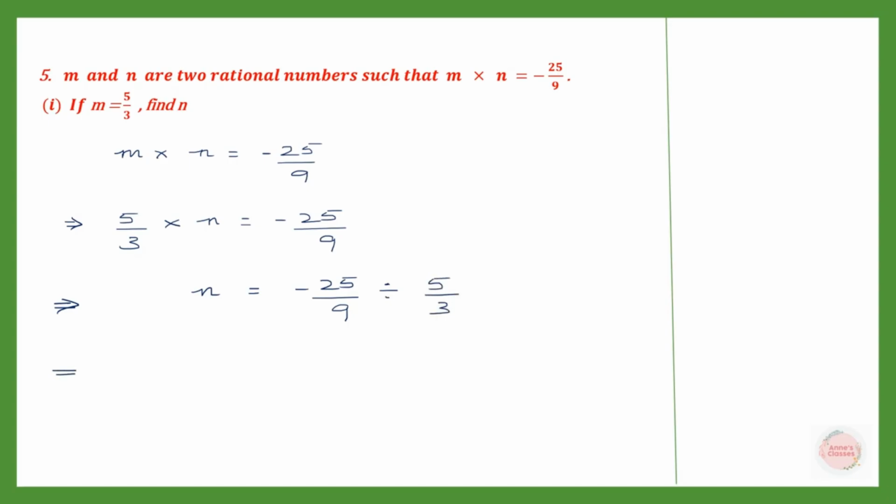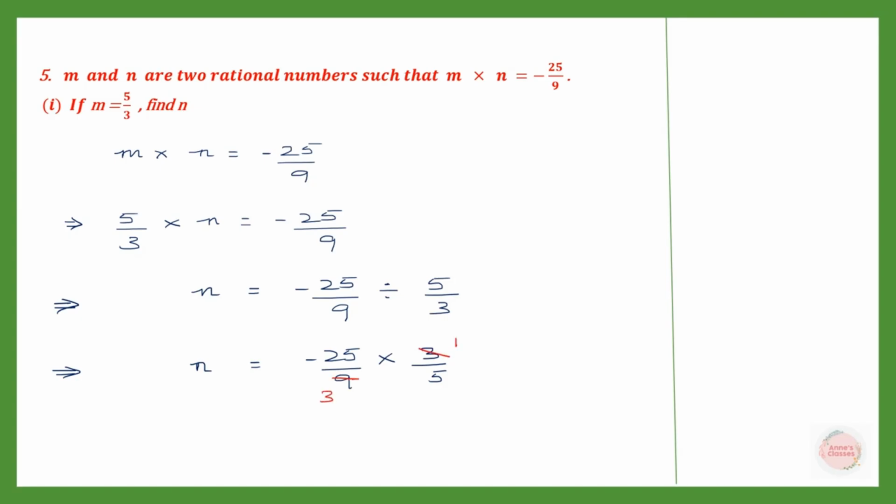Now to find the value of n, all we have to do is do this division, and we know how to do this division, isn't it? So this is minus 25 by 9. Division changes to multiplication. We write the reciprocal of 5 by 3. So that becomes 3 by 5. Now we can cancel. I can cancel 3 and 9. 3 ones are 3, 3 threes are 9.